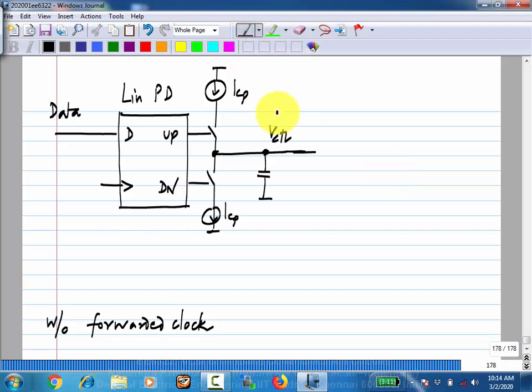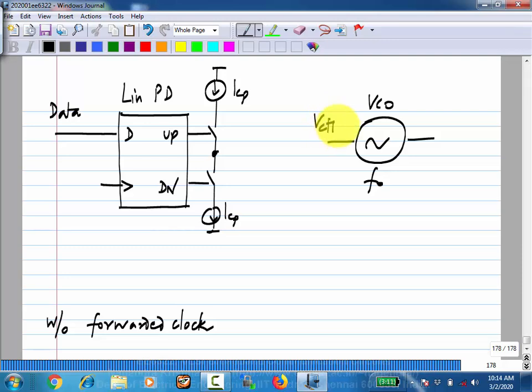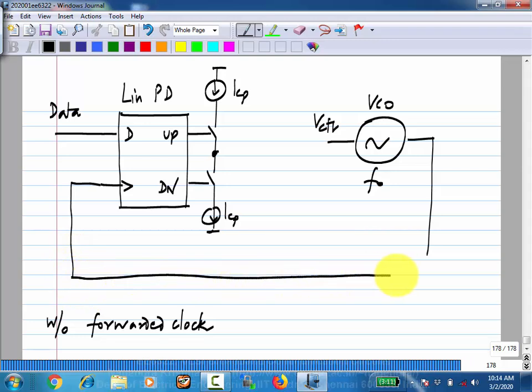I assume that basically I have my VCO. It has a certain free running frequency F0, and this is it has some control voltage, and this is what I use to clock my data. Okay, and I will need a phase detector anyway, because eventually I have to find the phase difference between clock and data, so I will keep the phase detector here.